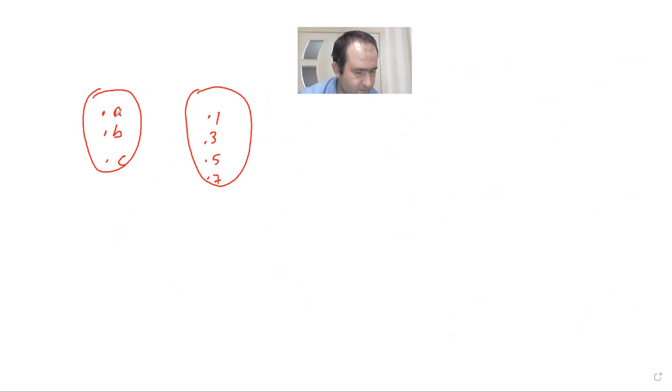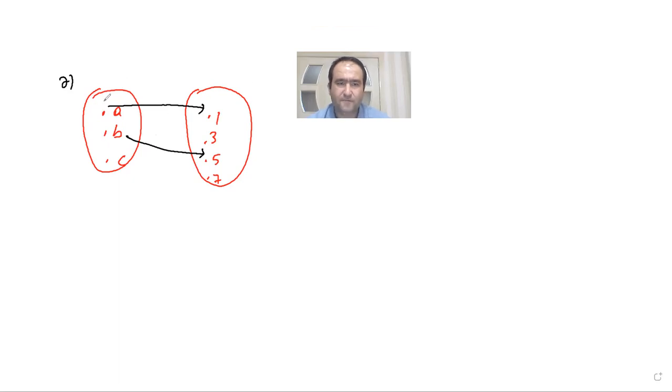This goes here, and this goes here. Is it a function? No. All elements of the domain, our C child has no mother. It can't be. Not a function, okay?